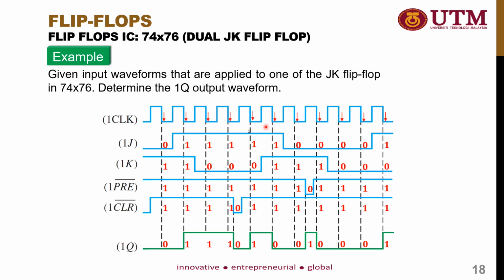For the next falling edge, you observe the PRE bar and CLR bar first, and you define the mode, asynchronous or synchronous. If asynchronous, you will automatically get the output. And if it is synchronous, you need to observe the inputs J and K, and then you will get the output.